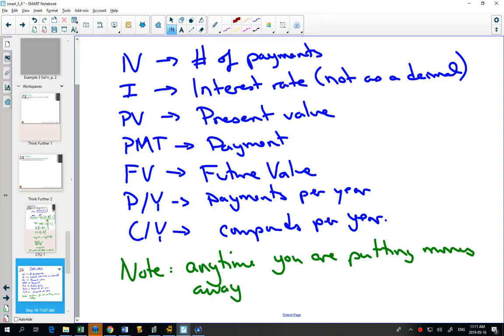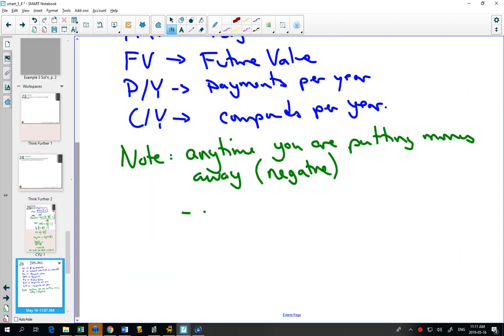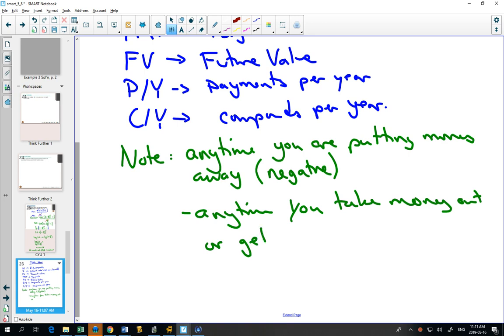Anytime you're taking it out of your pocket and putting it away somewhere else, that number has to be negative. Anytime you take money out or get money, that number has to be put in as positive.